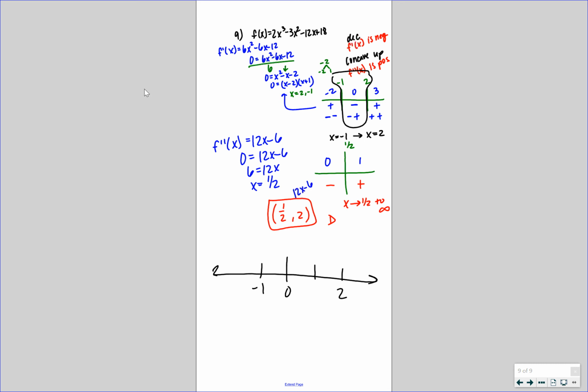This is my decreasing interval. I'm concave up from 1/2 forever. Where do they overlap? Right here. 1/2 to 2. It's letter D.